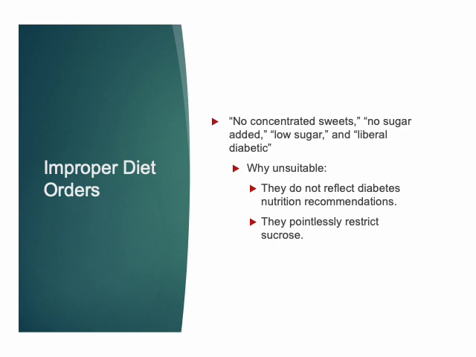They no longer endorse any meal plan or specific percentages of carbohydrates, protein, and fat, or those macros. And they don't endorse any exchange lists. The diet orders that were once no concentrated sweets, no sugar added, or low sugar aren't suitable because they don't reflect what we currently understand regarding diabetes nutrition requirements.